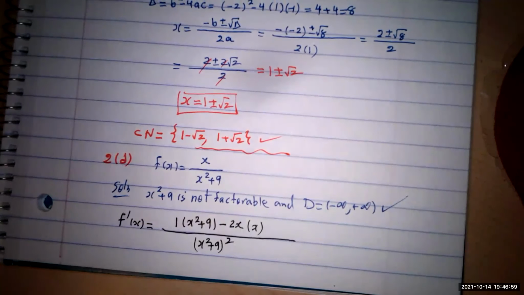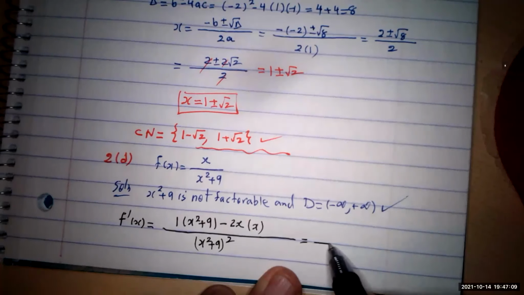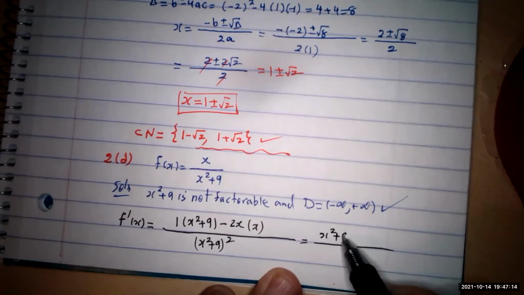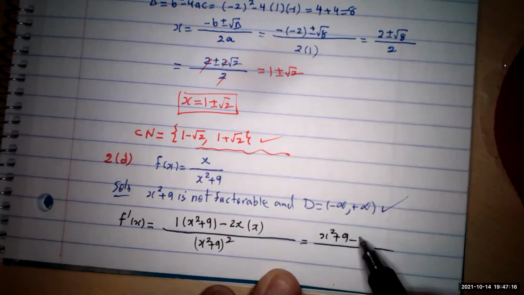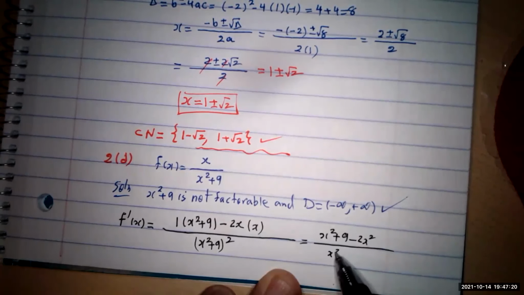So I just apply the quotient rule, derivative of the top times bottom, minus bottom derivative times top. You continue on the top: you multiply first, and then simplify. So it's going to be simply x squared plus 9 minus 2x times x, which is 2x squared, divided by x squared plus 9 all squared.